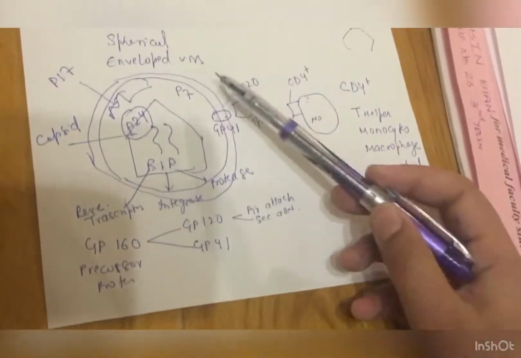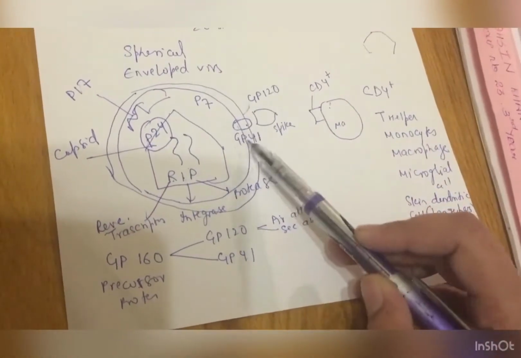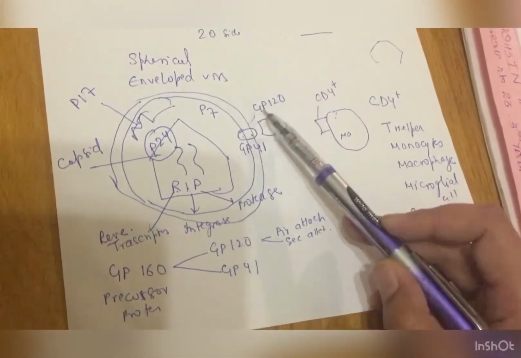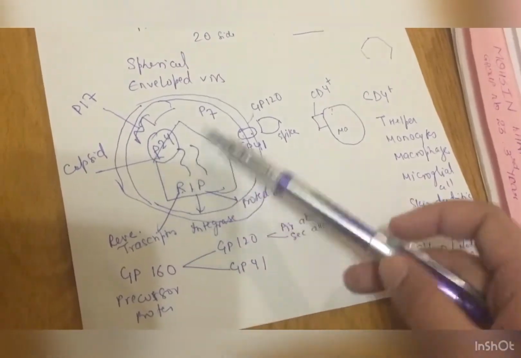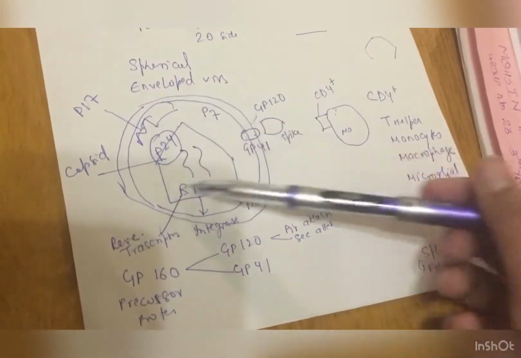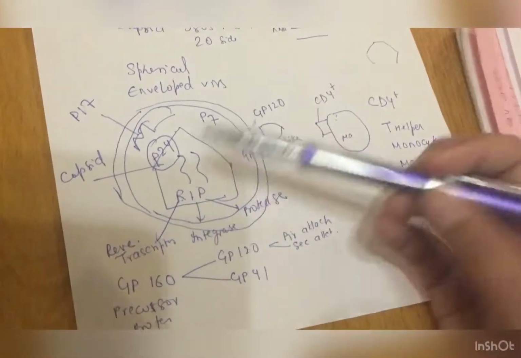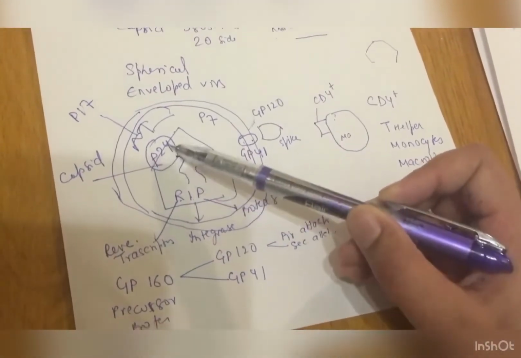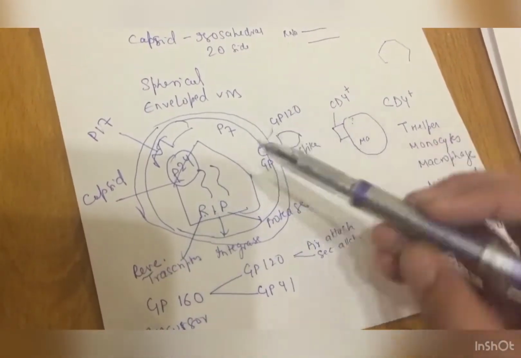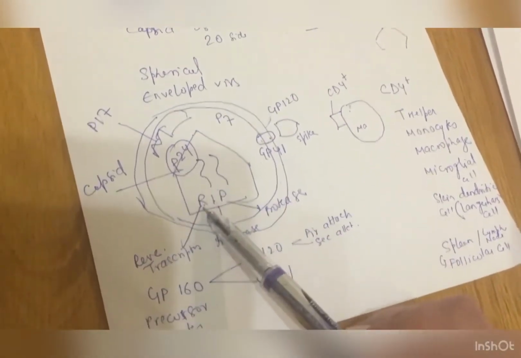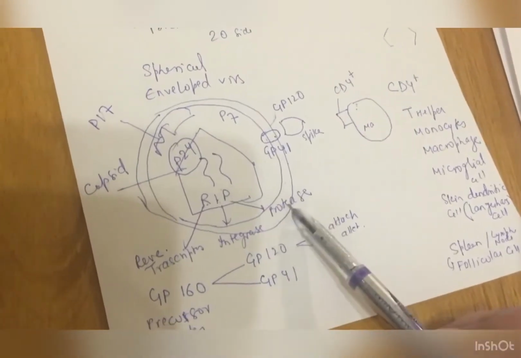On its lipid bilayer membrane it has proteins GP41 and GP120, and inside this structure there is the capsid, which has protein P24, and here is one pair of RNA, and inside the capsid there is RIP, meaning the enzymes reverse transcriptase, integrase and protease.